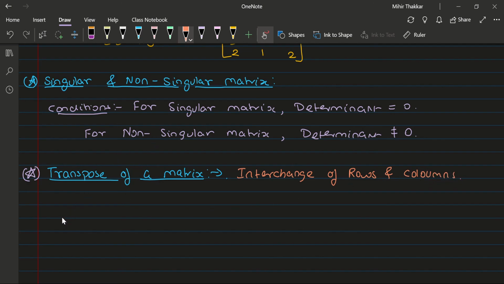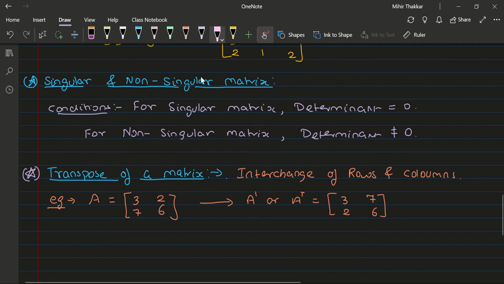For example, if I have a matrix A which is 3, 2, 7, 6, then in such a case we can say A dash or AT, which represents A transpose. The first row will become the first column, so 3, 2 will come out to be vertically, and 7, 6, that is the second row, will become my second column. So that is about your transpose.